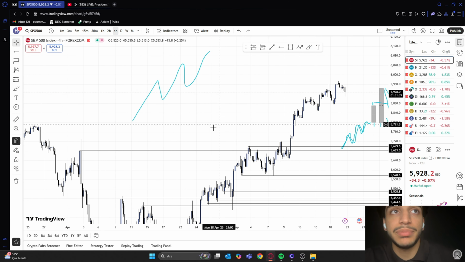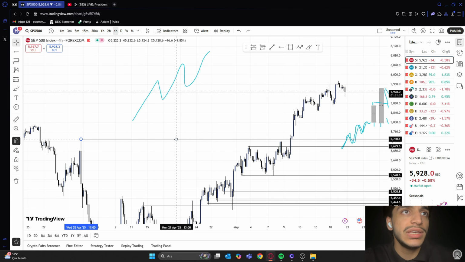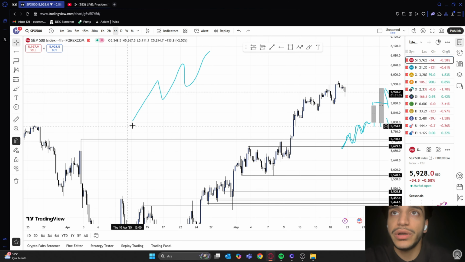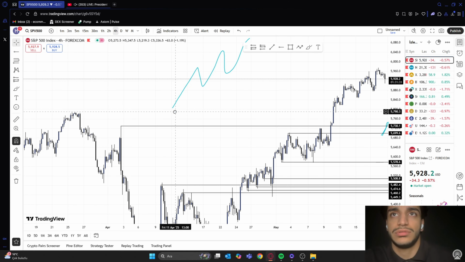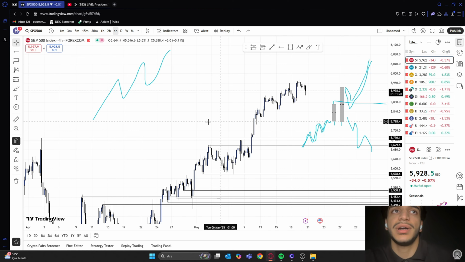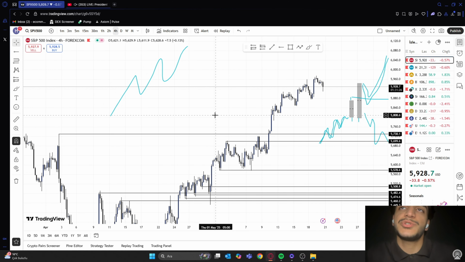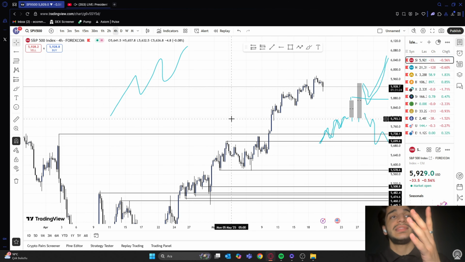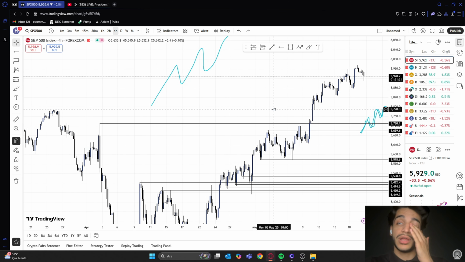Let me show you an example. Yeah, we ran liquidity, but it didn't give us a proper entry since it didn't retest at the structure.